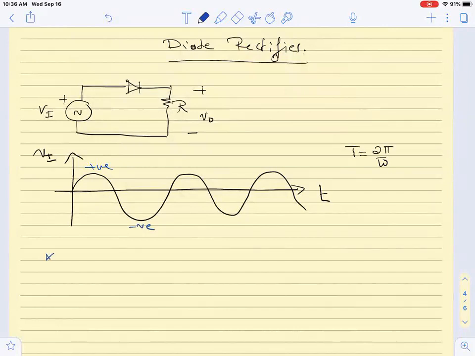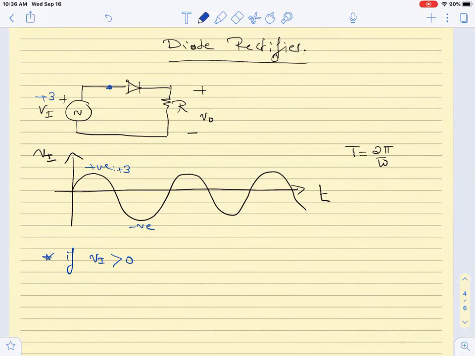So let us start by checking together if Vn is positive. Where does the positive signal come? On the anode, right? So if Vn takes the value plus 3, will the diode be on or off? Will it be conducting or off?